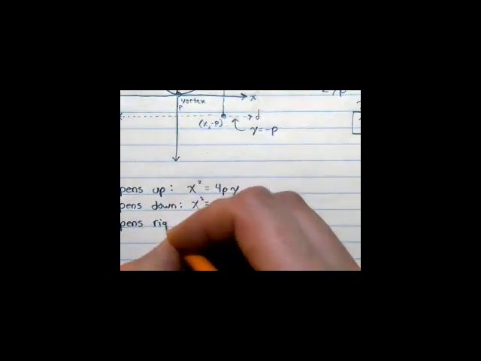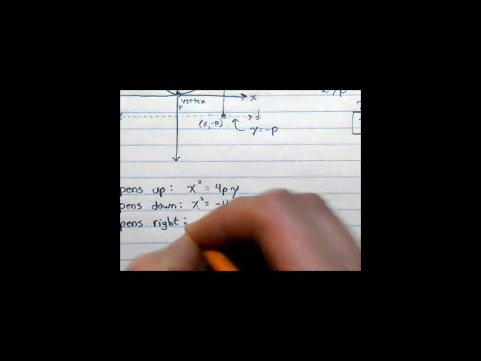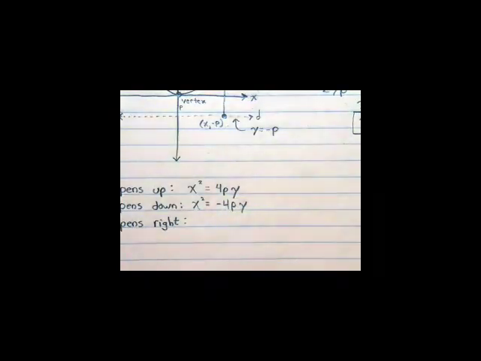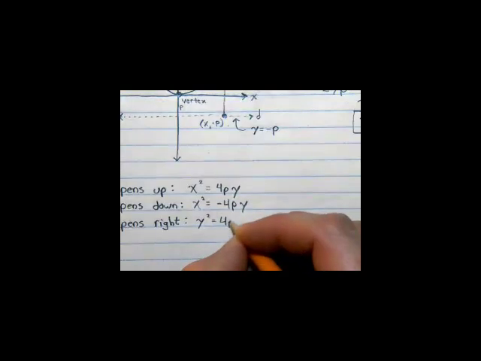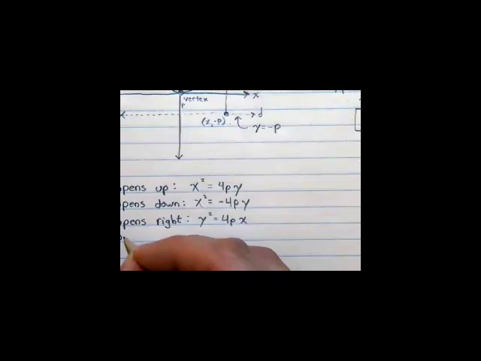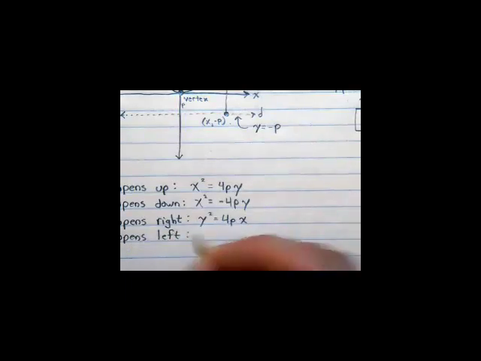If it opens to the right, we talked about this, the left and right parabolas, then the y is squared instead of the x. So it's y squared equals 4px, and then opening to the left, but you're able to tell what's going on now, right? Negative 4px.